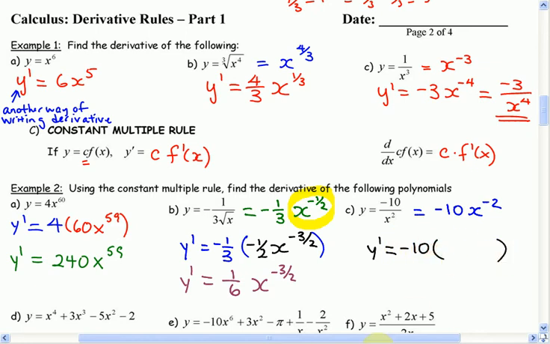What do we do with x to the power of negative 2? We'll bring down the negative 2. Once again, reduce the exponent by 1. So what's this going to be? Negative 3. Excellent. And then let's simplify. Yep, 20x to the power of negative 3. Or if you want positive exponents, 20 over x cubed. Okay.